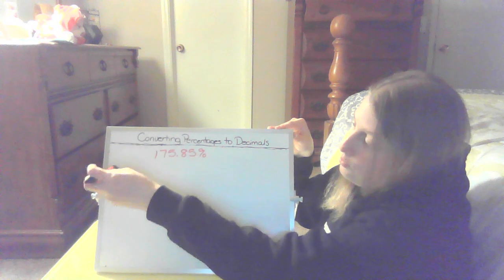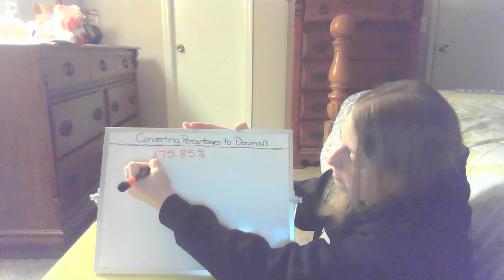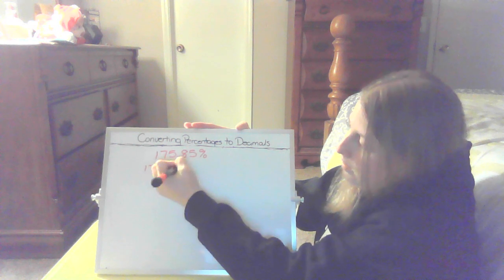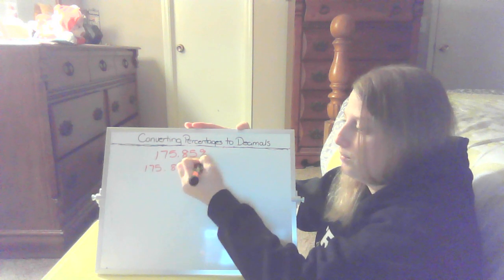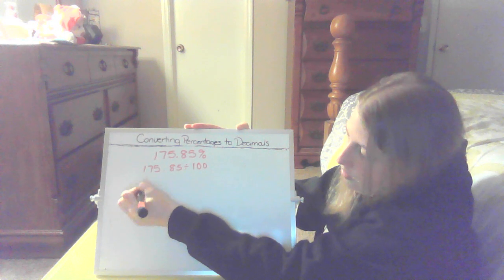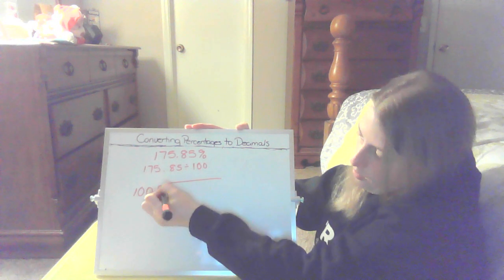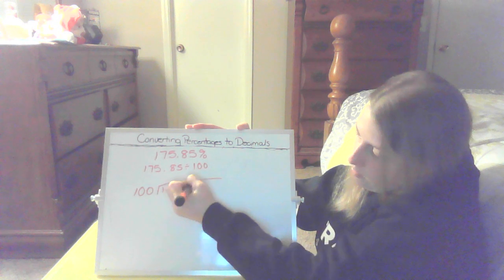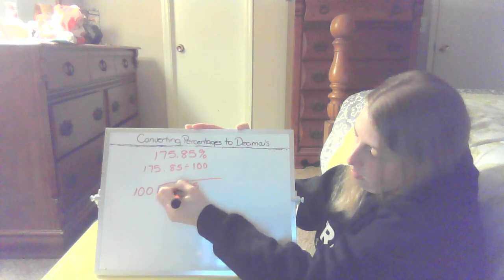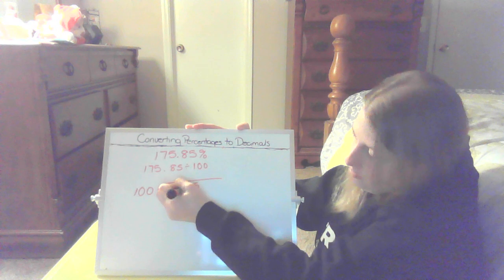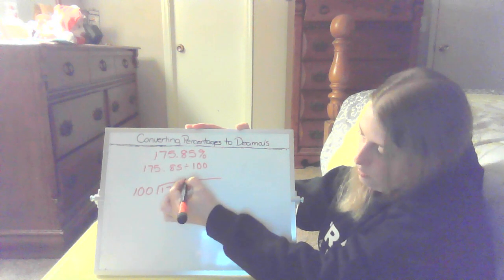So we are going to do our long division once again. So 175.85 divided by 100. So here we go, 100 on the outside. And 175.85. Now we already have our decimal right there, so we're going to go ahead and bring our decimal up.